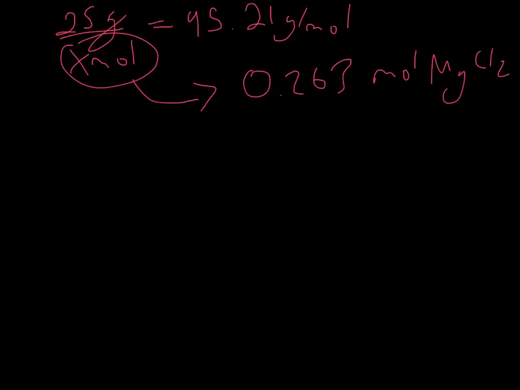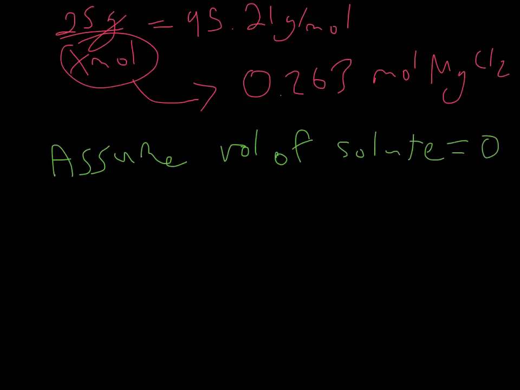So the next thing you're going to do is, well, it said enough water is added to make 450 ml of solution. Now this is pretty important, so I'm glad they brought it up: for all of this, assume the volume of solute is 0 unless told otherwise.